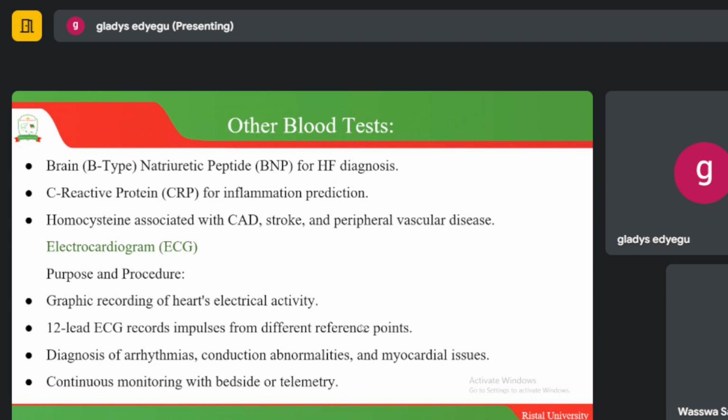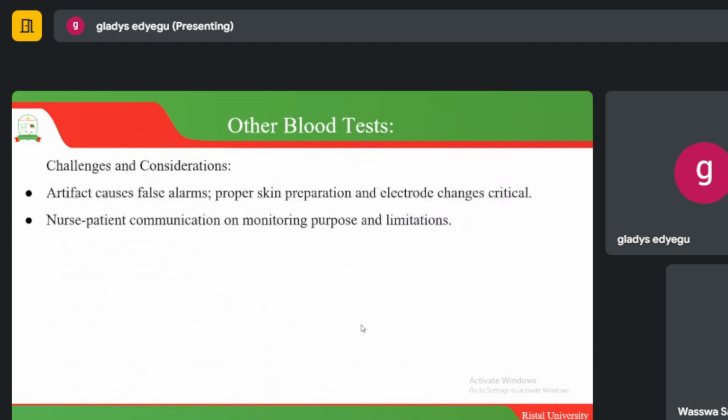This is one of the most diagnostic investigations for patients with cardiovascular conditions. For the diagnosis, it may show you arrhythmias, some abnormalities, and myocardial infarctions and so forth. There you can see and also plan for the management of your patient.